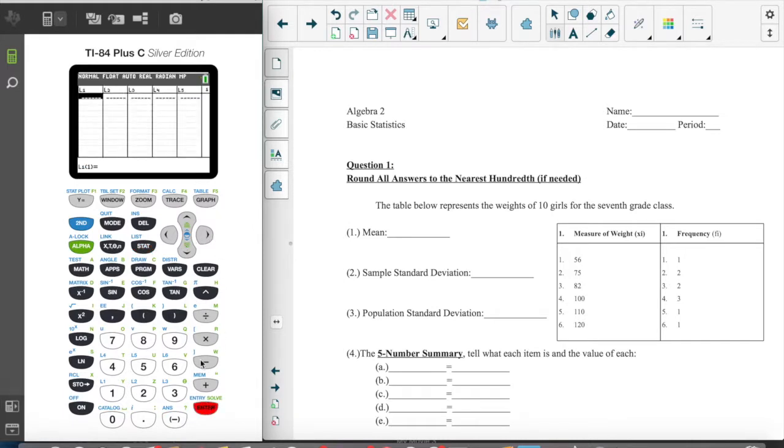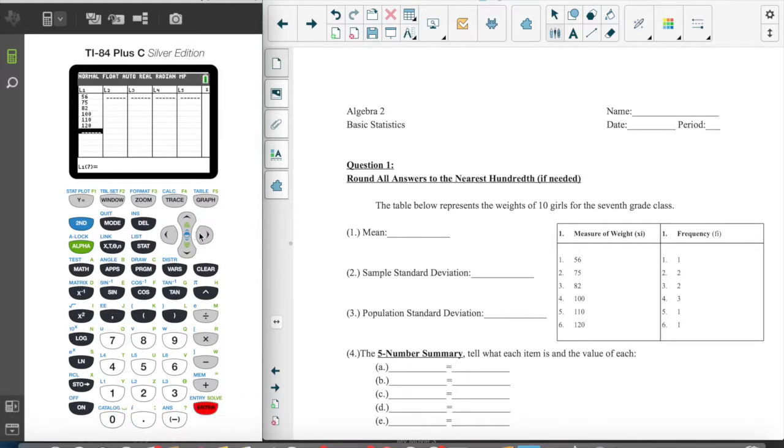You're then going to input the measure of the weight into L1, which would be 56, 75, 82, 100, 110, and then 120.